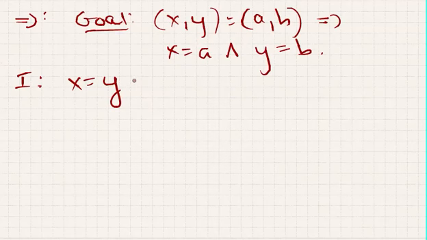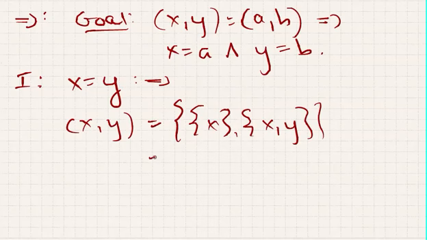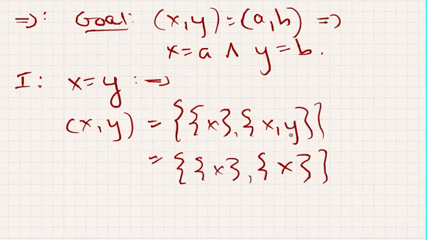Well, if we have this, this implies that x comma y, by definition, is equal to this set. What is this set now? This set is just equal to this because x and y are equal to each other.